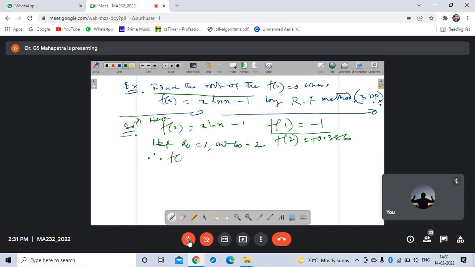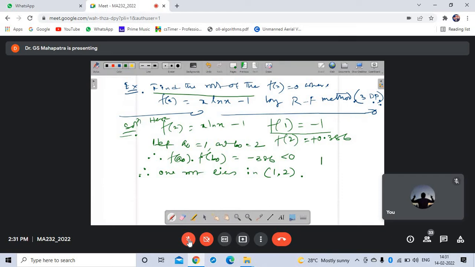Therefore f of a naught into f of b naught is negative, less than 0. Therefore at least one root lies in the bracket 1 to 2.